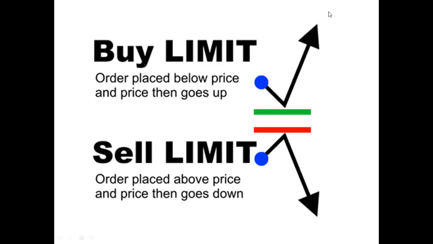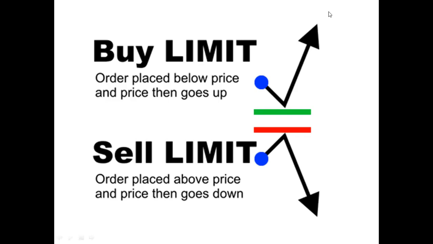When we say buy limit, all we're saying is that you are placing an order below price, and price then goes up. I will explain in detail what we mean by this.